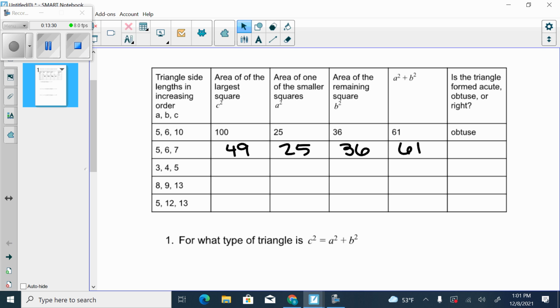This last column is what we haven't figured out yet. It says that this should be able to help us determine if we have an obtuse, acute, or right triangle. So let's go ahead, fill in the rest of our chart so we can make some comparisons between the numbers. So for 3, 4, 5, what's my hypotenuse?